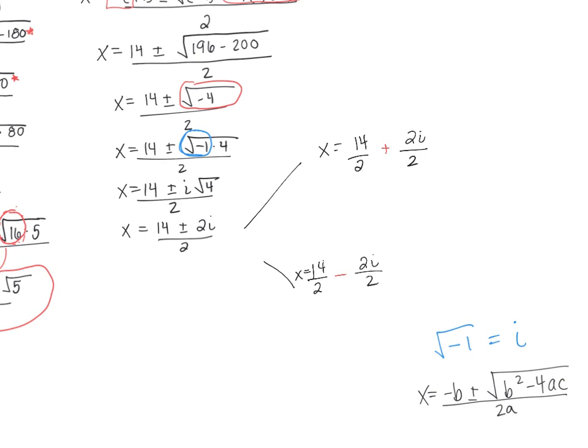And we can just simplify this. So we're going to divide the 14 by 2, which gives me 7, plus, and 2i divided by 2 is just i. So this is one answer. Okay? And then my other answer is going to be the same thing, but just with a negative sign. And this is my second answer.